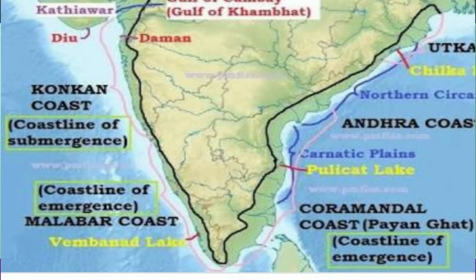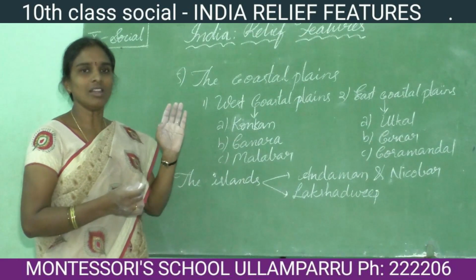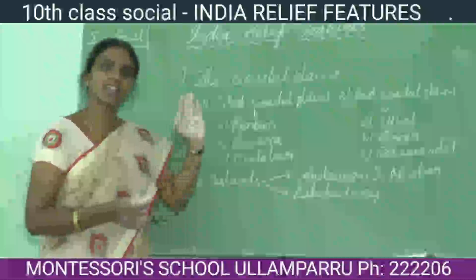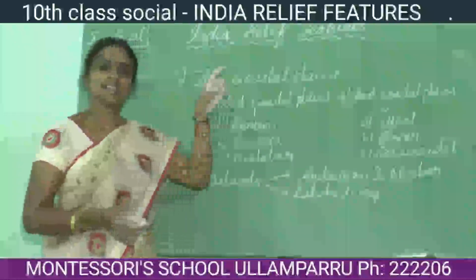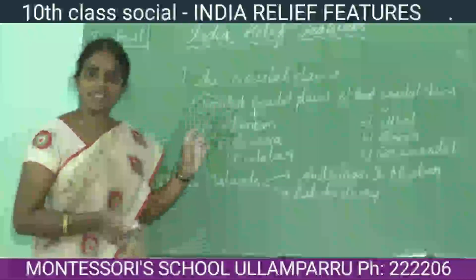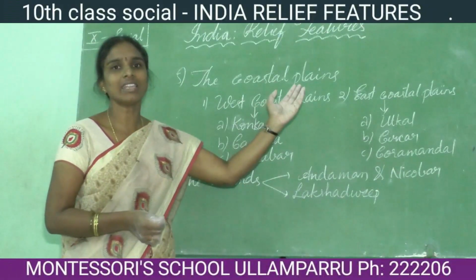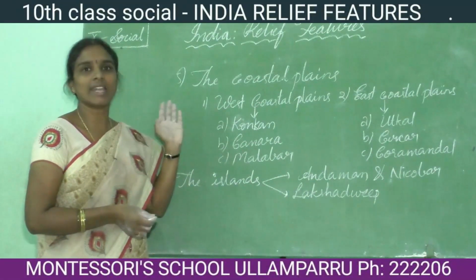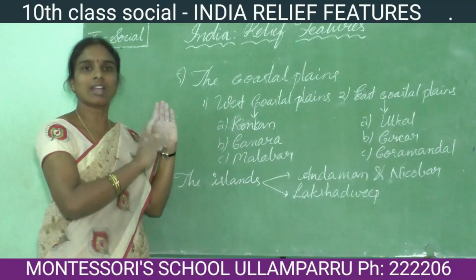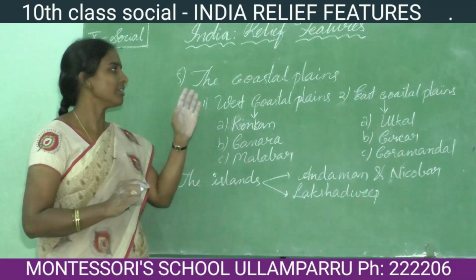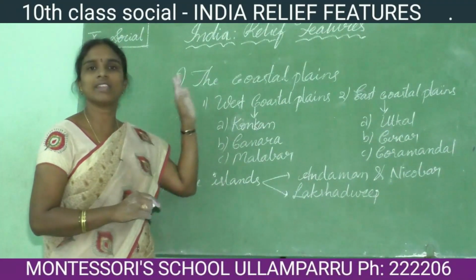On either side of the Deccan Plateau, that means the Deccan Plateau is surrounded by hilly terrain called the Western Ghats and Eastern Ghats. Western Ghats are on the western side, Eastern Ghats are on the eastern side. Beside, adjacent to these Ghats regions, we can find coastal plains.